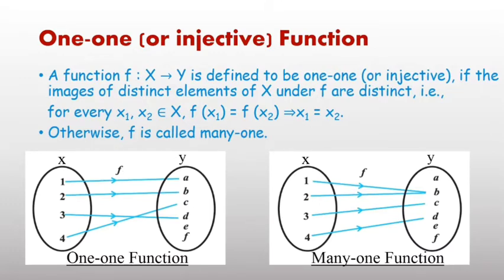Range means A, B, C, D. Collection of all images of elements of the domain is known as the range. Or second case, two elements 1 and 2 have the same image in set Y, therefore it is not a one-one function, it is known as a many-one function.